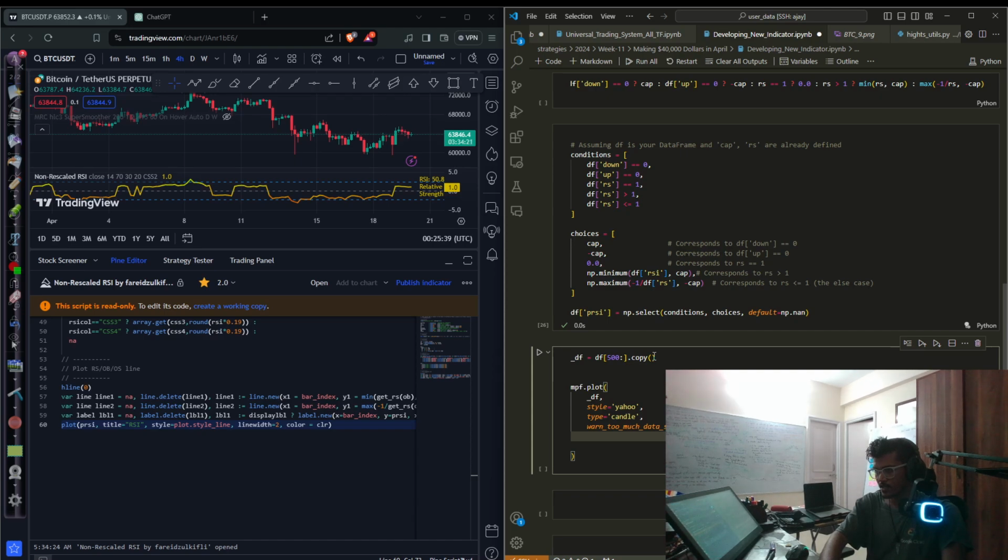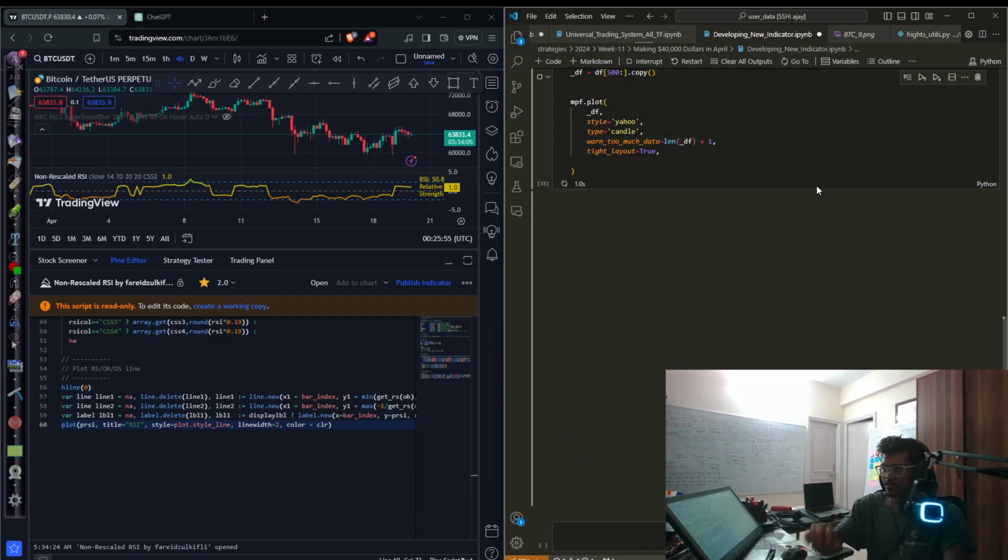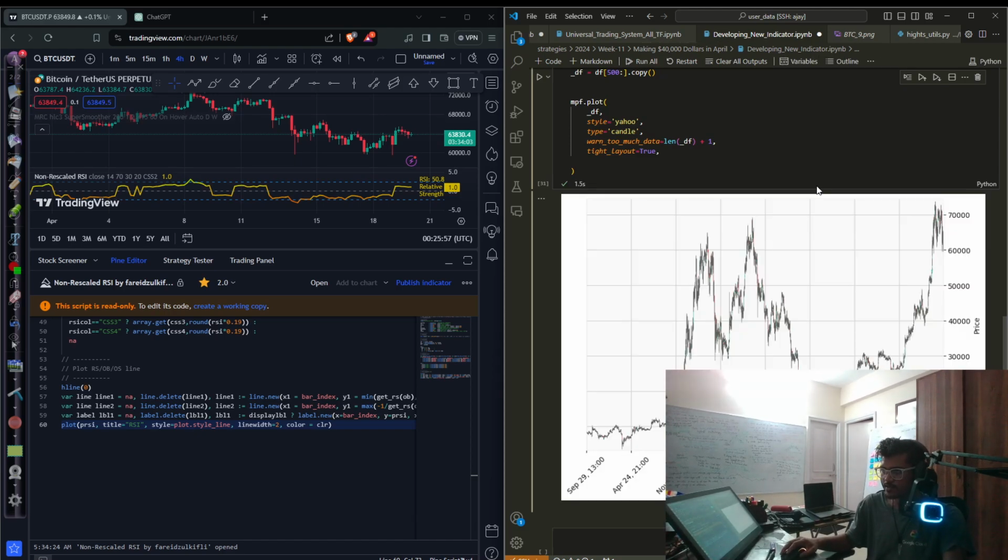And then type layout true, data length. Yeah, well, I just want too much data.